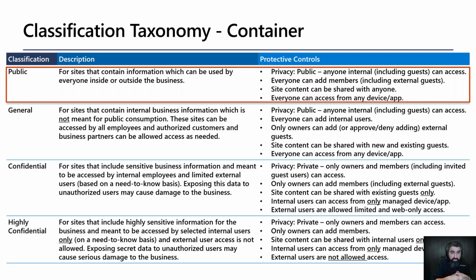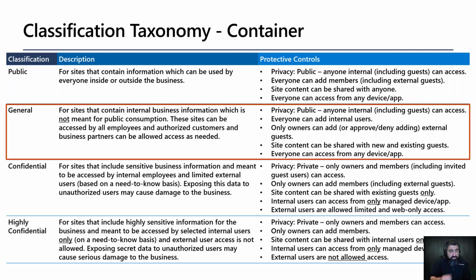There is no control whatsoever. You can include external guests into it. Site content can be shared with no restriction. Everyone can access from anywhere, whether it's an unmanaged device or an app or a browser, etc. Basically, it's public. It's meant to serve that specific situation where we can share public information.